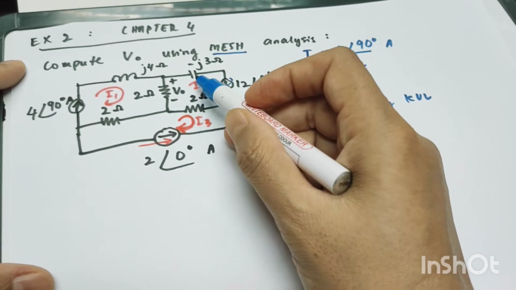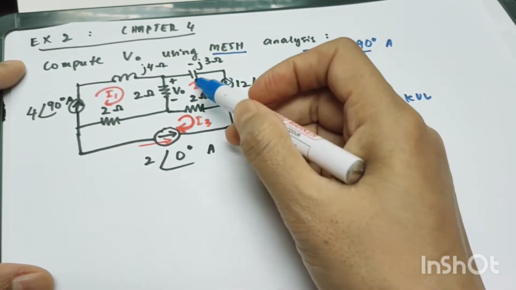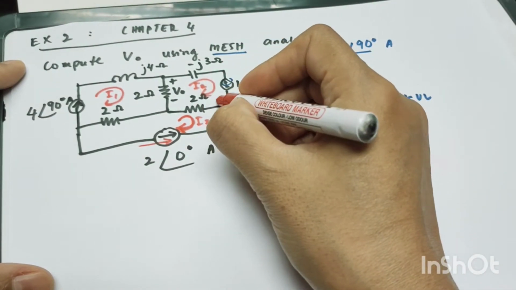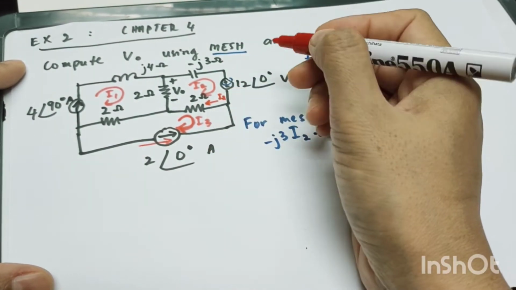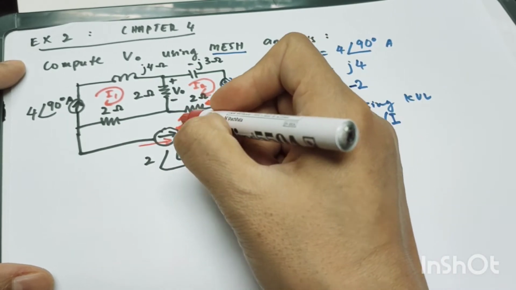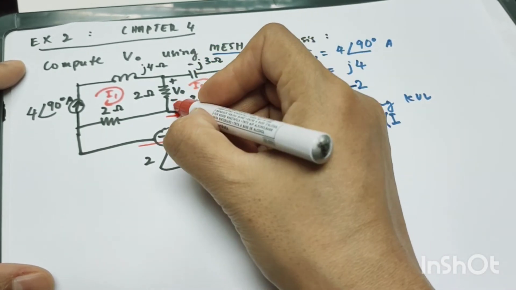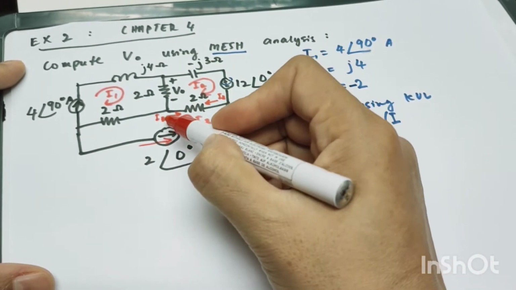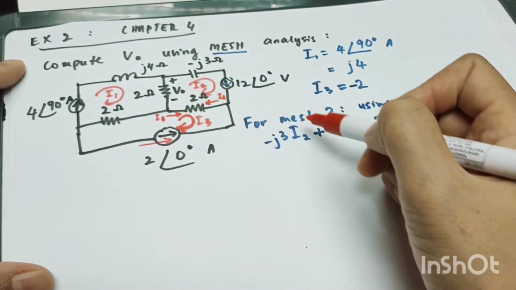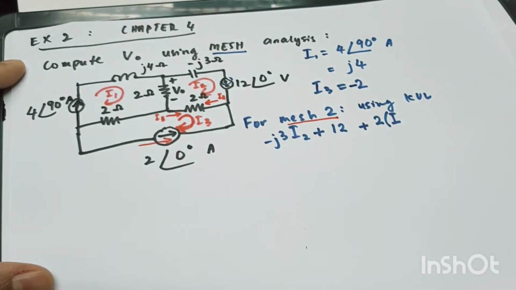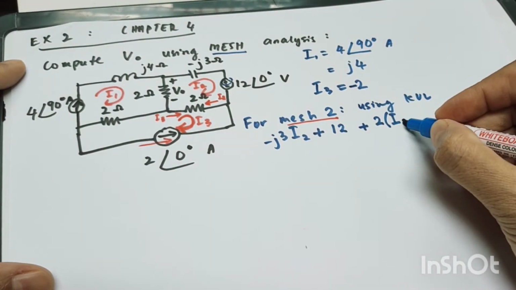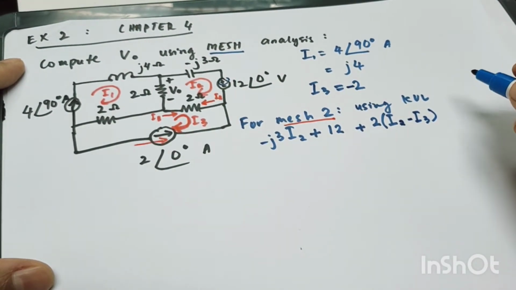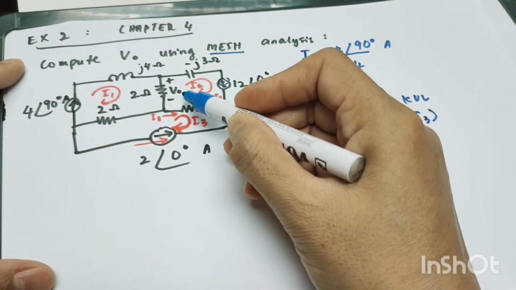This resistor is the meeting of two meshes, I2 and I3. Going clockwise for this loop, this branch carries I2, whereas I3 is going clockwise as well, but this way for this branch. So it's opposite direction. Since we are solving for mesh 2, we assume the dominant current here is I2 minus I3.